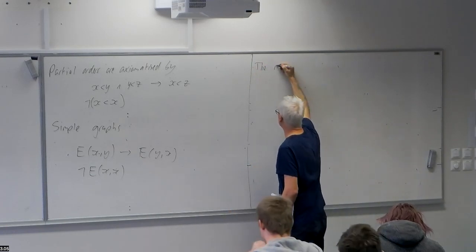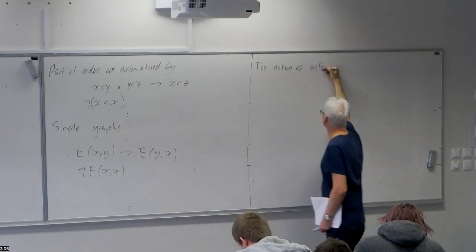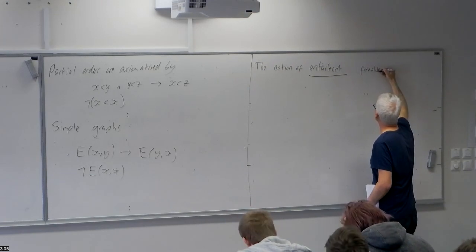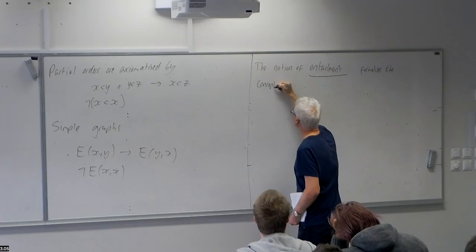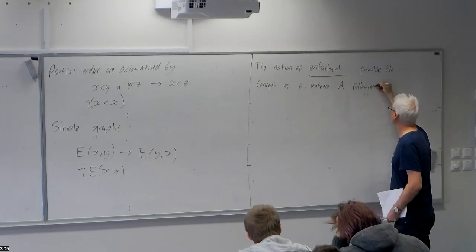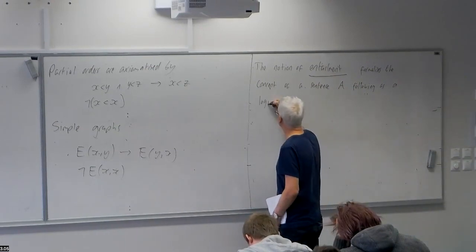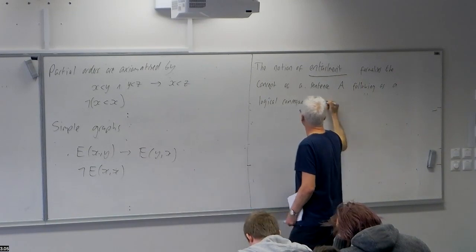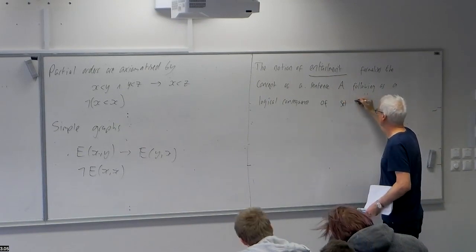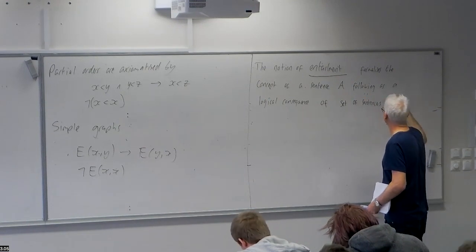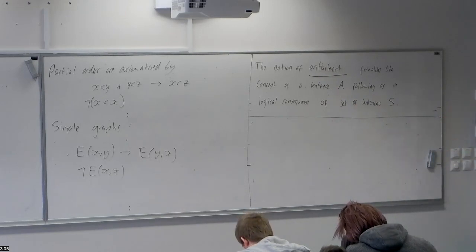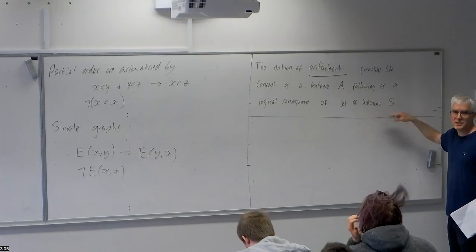So the notion of logical entailment formalizes the concept of a sentence A following as a logical consequence from a set of sentences S. And this is important because the idea of axiomatizations in mathematics, going back to the Greeks, is that our axioms are the basic properties.